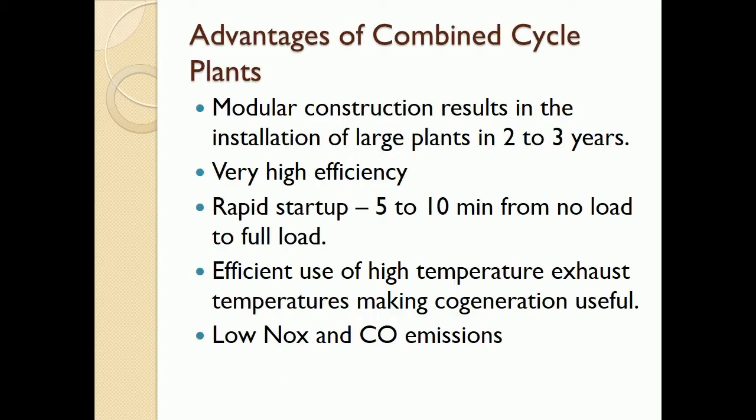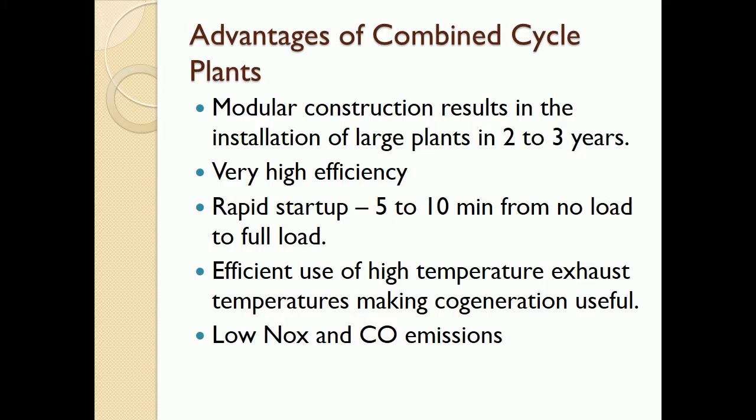These are the advantages of combined cycle plants. Modular construction results in the installation of large plants in 2 to 3 years. They have very high thermal efficiency. Thermal efficiency is the ratio of the heat or power that is recovered from a process divided by the heat that is placed into a process times 100%.